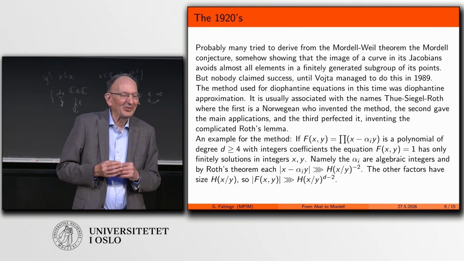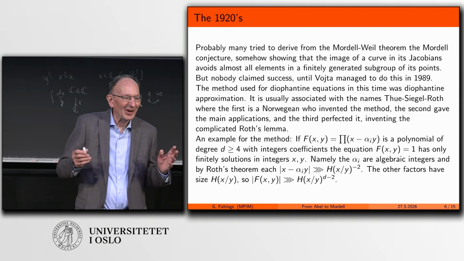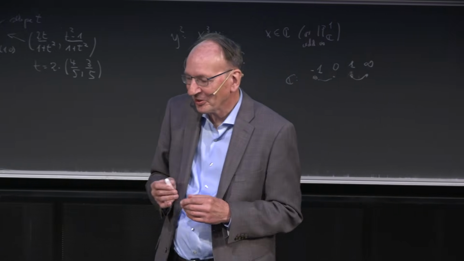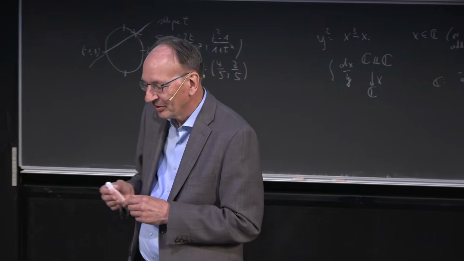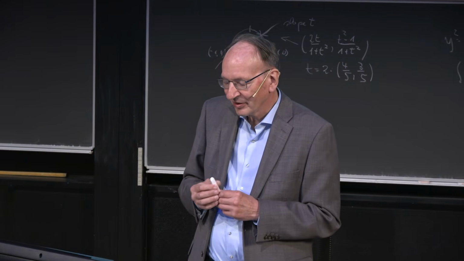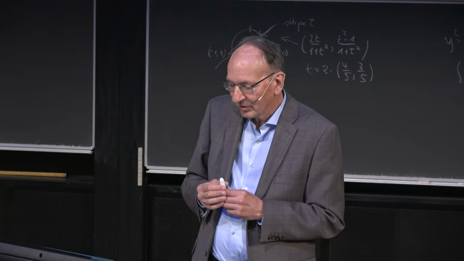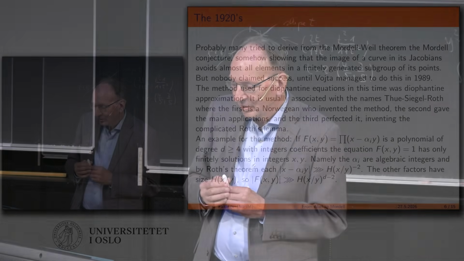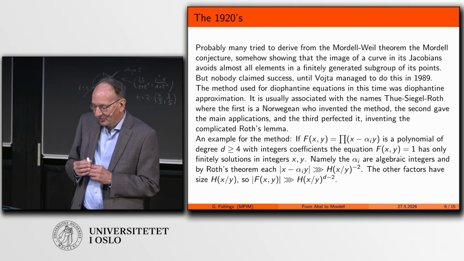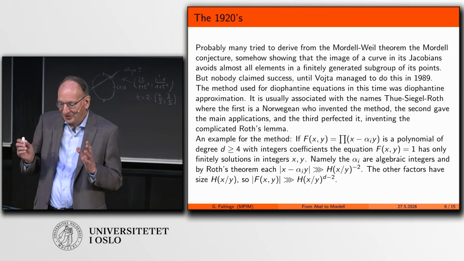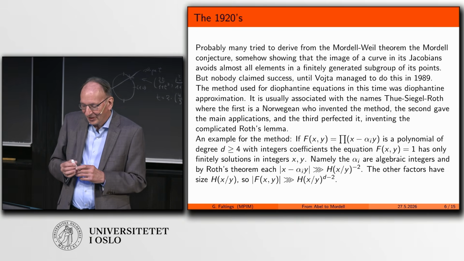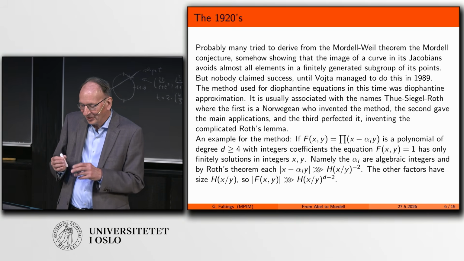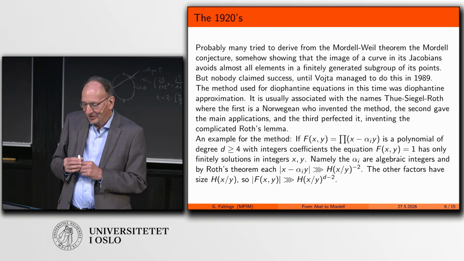At most one of the factors would be small, because otherwise you get different equations, and the factors usually have size the height to some power. Only for one factor may it be small, but there's Roth's theorem, which says that it's at least the height to the minus 2.